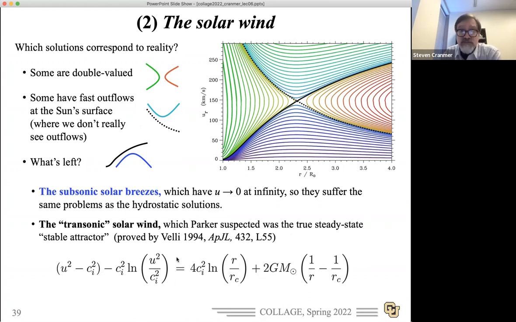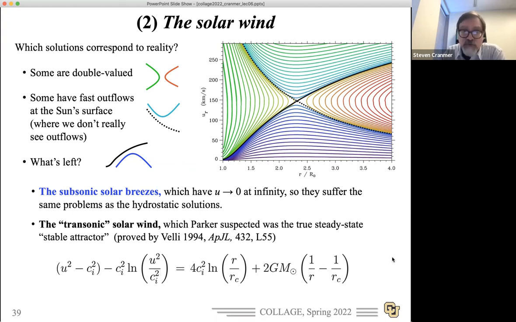So yeah, the differential equation can actually be integrated. It's separable. There's functions of u on one side, functions of r on the other side. So you can integrate. The problem is you can't quite solve it for u as a function of r. Turns out you can actually, if you use this Lambert W function that you might have seen in math physics classes. That's a nice way of solving the equation.